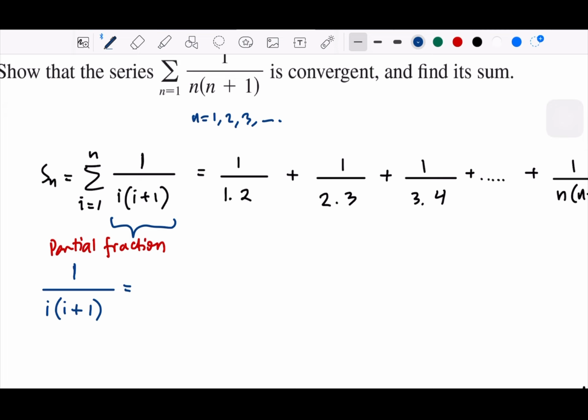The idea is to separate the denominator, so we take A and B like that.